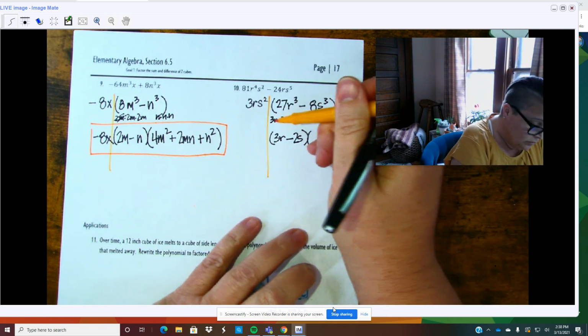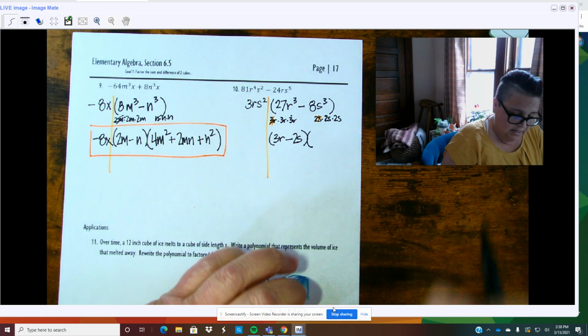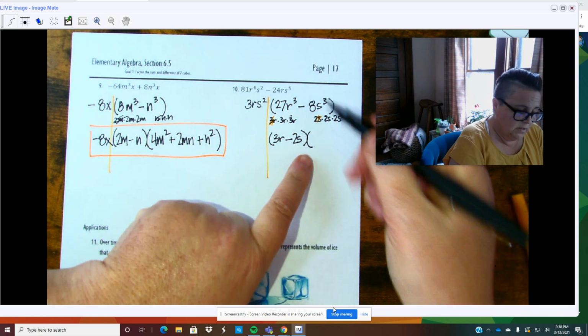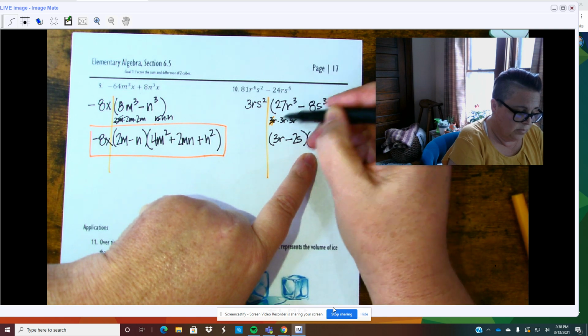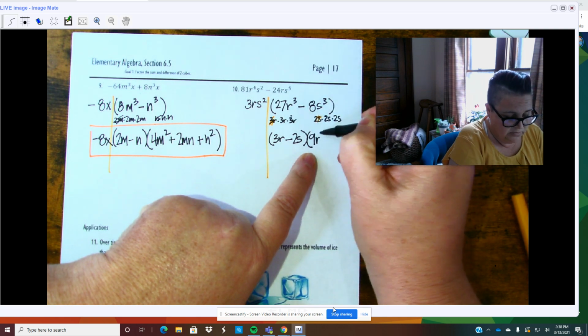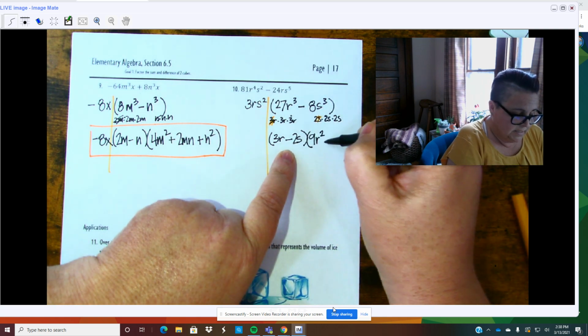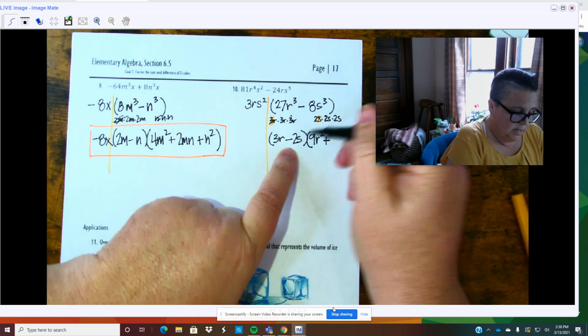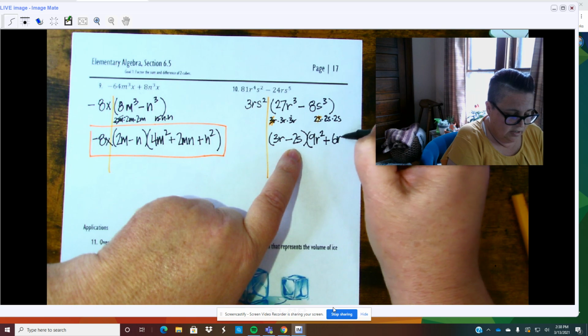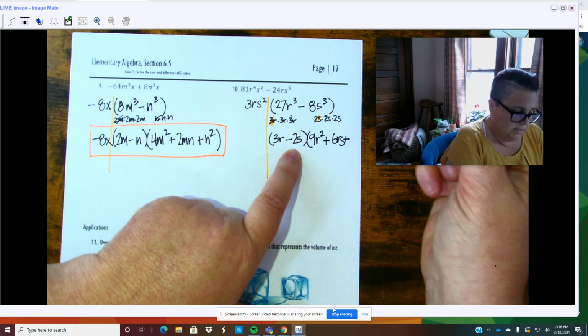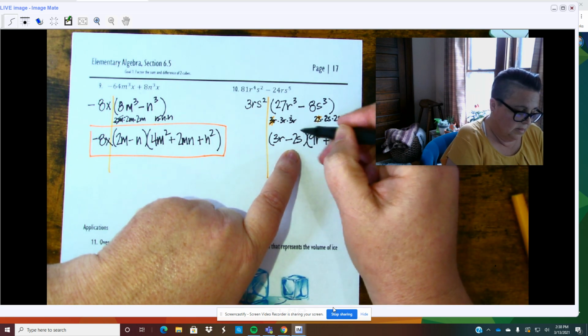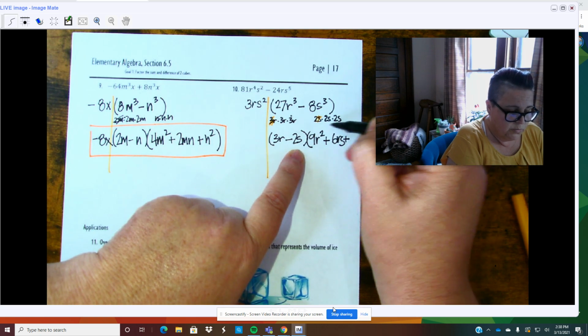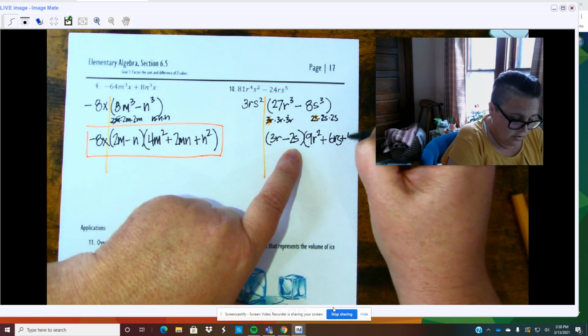The first term is the square of 3r, which is 9r squared. Opposite sign from what I started with. Product of the two, 6rs, always positive. Square of the last term, 4s squared.